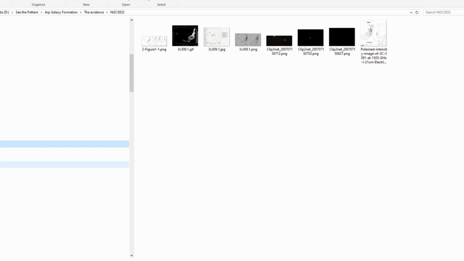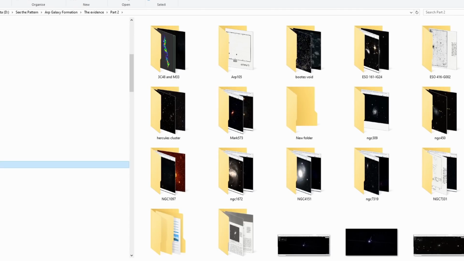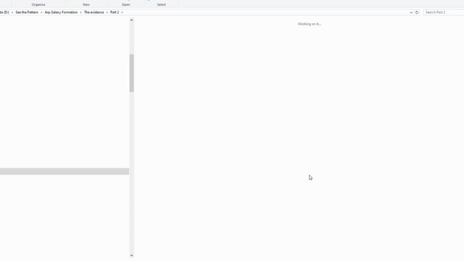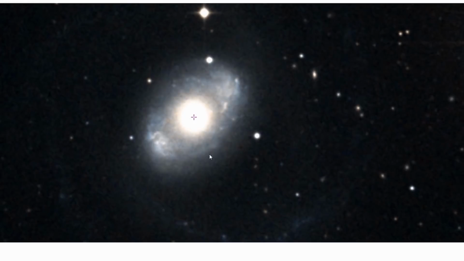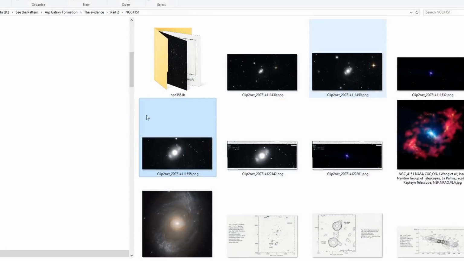And then there are also examples like this one, which are not necessarily quasars, but we certainly see active radio objects being emitted along the axis, along the spiral arm structure.